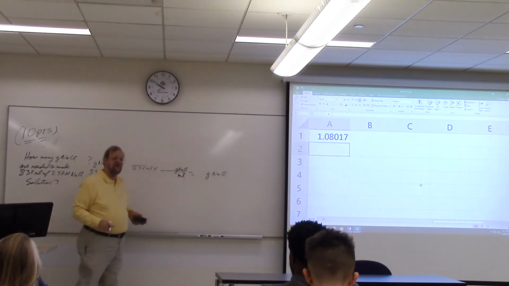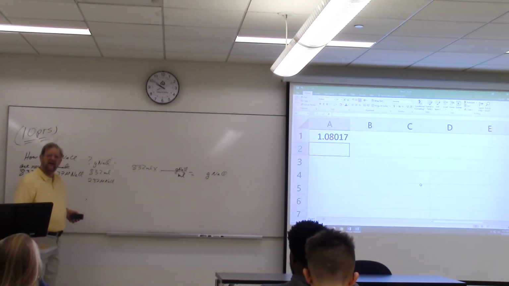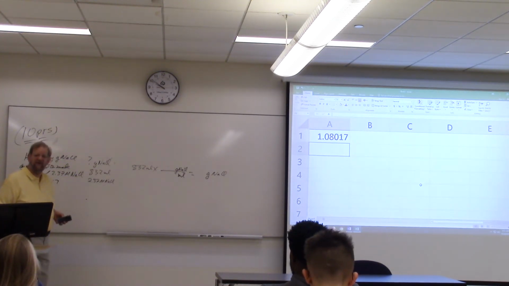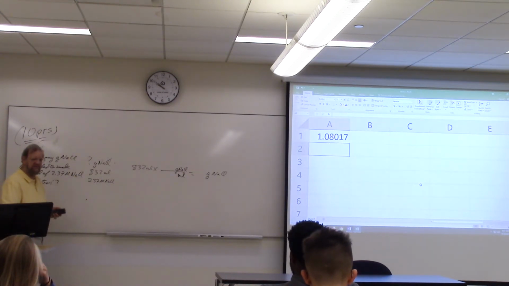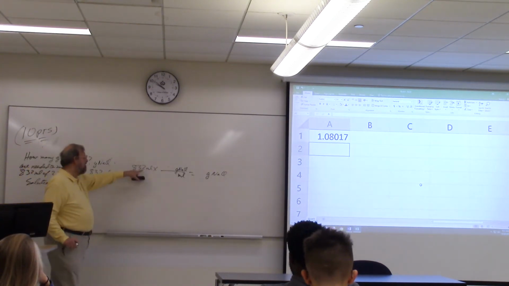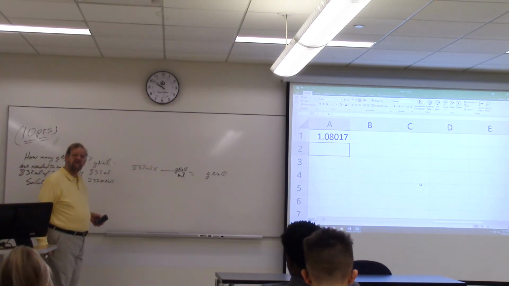And now I look for those numbers to fill in there, and I'm stuck. Nowhere on this board do I have a ratio, or can I find a ratio of grams of NaCl to milliliters. What do I do? Here's what you do. I know I can go from milliliters to moles. And I know I can always go from moles to grams.